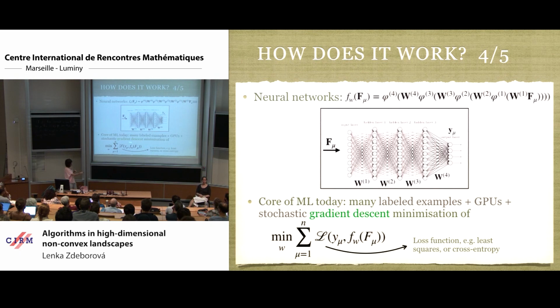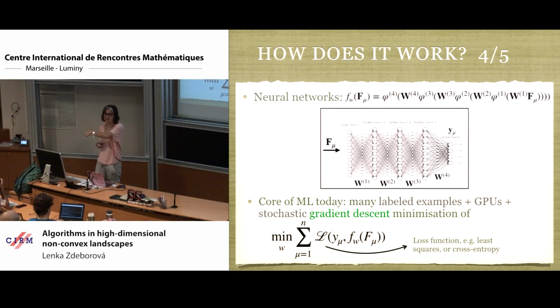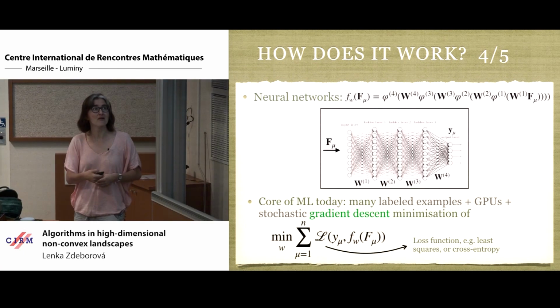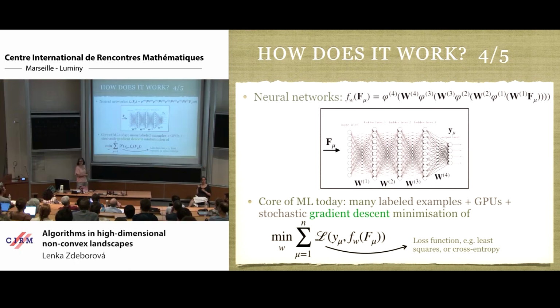And you're trying to minimize this loss function with respect to these w's. This is like a tremendously non-convex, horrible function. So the straightforward thing that you can do is to do gradient descent on the w's. So you simply compute the gradient, go a little bit in the direction of the gradient, recompute it, etc., etc. And if you have many labeled examples and many GPUs, this works. It's as simple as that, no magic there.